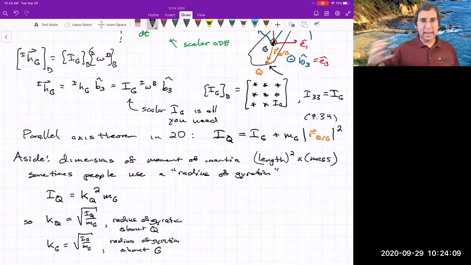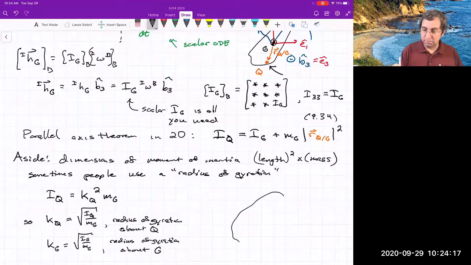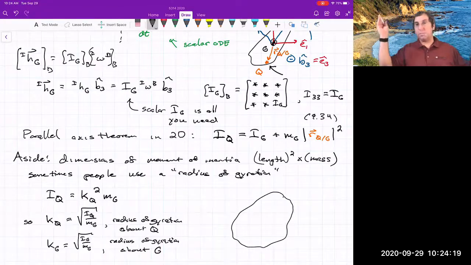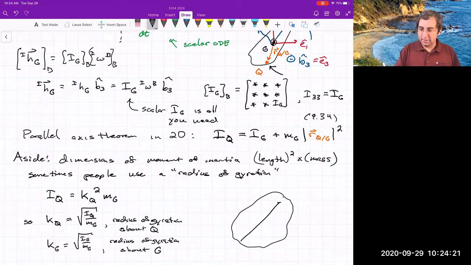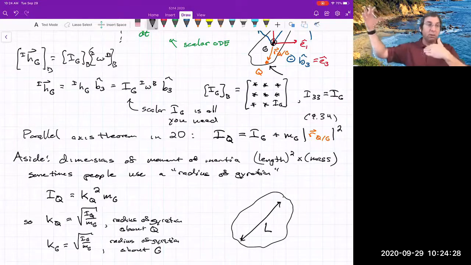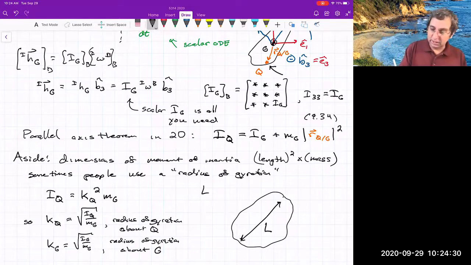Often you can get within an order of magnitude of what the radius of gyration for some object is. Remember, we're just thinking of planar stuff. If I've got some object and I estimate its dimension from one side to the other as L, so L is a length scale of the body.